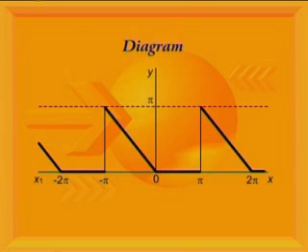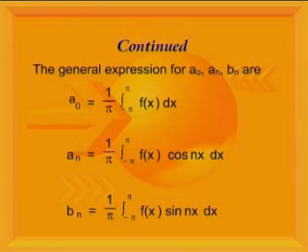Now, to find the Fourier series for this function, we have to evaluate the coefficients. The coefficient a naught is equal to 1 over pi times the integral of the function with respect to x along the period from -pi to pi.